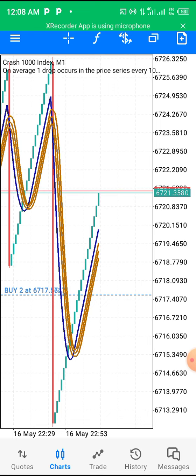So guys, this is how the strategy works, and please, like I always say, don't make mistakes, because the moment you make a mistake, you will think this strategy does not work. Meanwhile, it is working perfectly fine. So always make sure you follow the trend. Make sure the trend is in your favor. If you're scalping Crash, make sure that the trend is an uptrend.